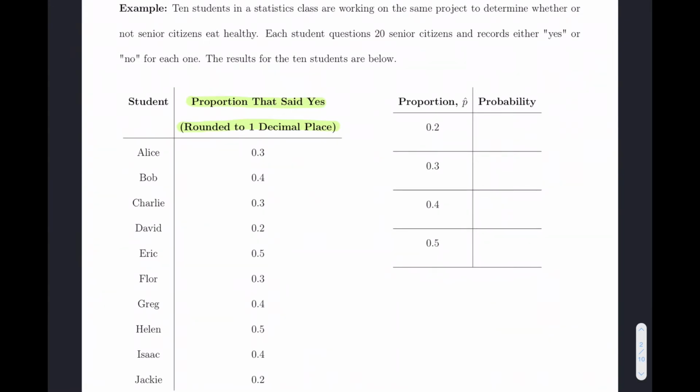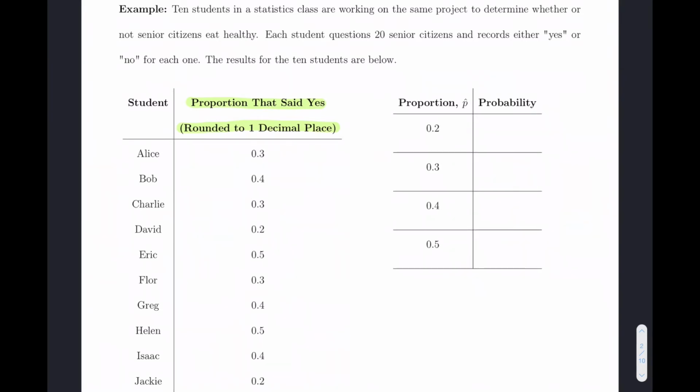So real quick, as an example, this 0.3 for Alice right here, what this means is that 30% of the 20 senior citizens that Alice questioned ate healthy, while 70% did not. Since each of these proportions in this first table is a proportion from a sample, they are all values for p hat.